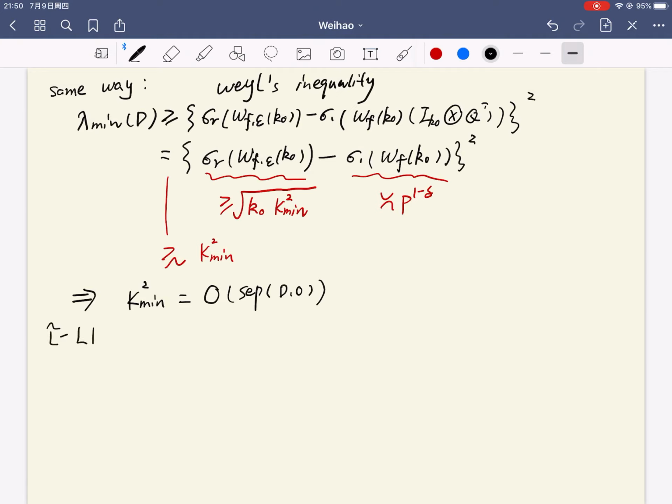In the second scenario, we recall the perturbation for L is. Since we have different assumptions, we need to analyze in a different way.